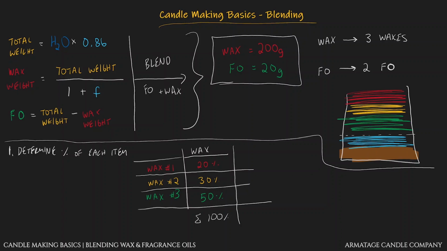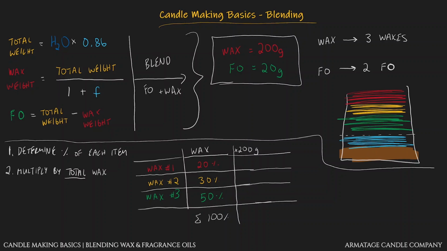The next step is to multiply by the total wax weight. So our total wax weight was 200 grams. We're going to multiply these percentages by 200 grams.